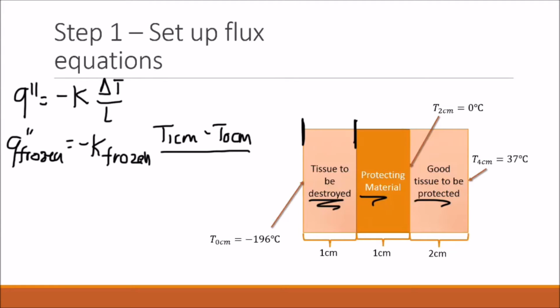Divided by the length, which is just the length of the tissue to be destroyed, which is just our 1 centimeter. And we could do the same process to find the heat flux through the protecting material and the good tissue.